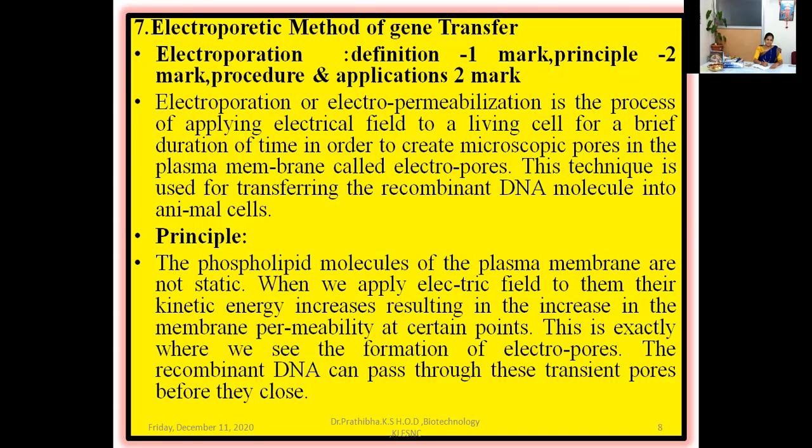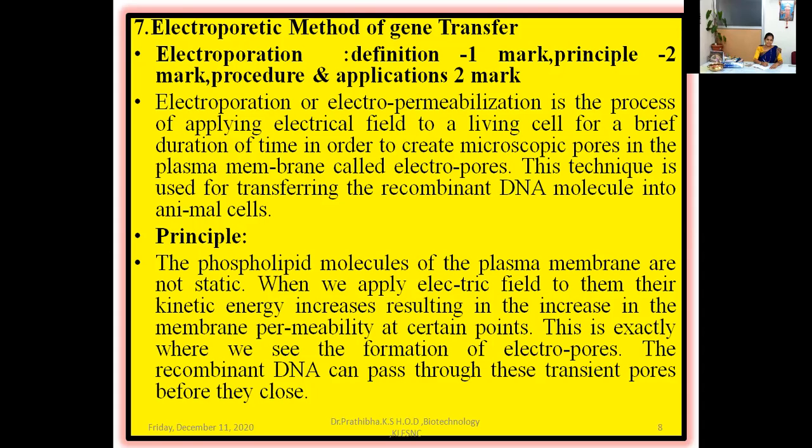It means only temporarily, only to make our foreign DNA enter inside the cells. This technique is used for transferring the recombinant DNA molecules into animal cells or even plant cells. This method is also one of the indirect methods of gene transfer, or vectorless method of gene transfer.